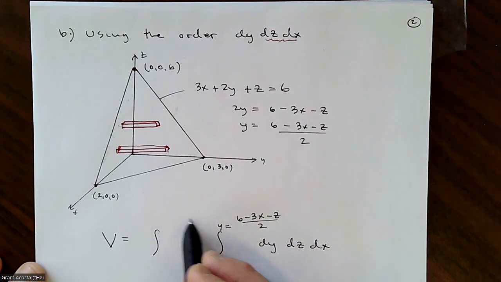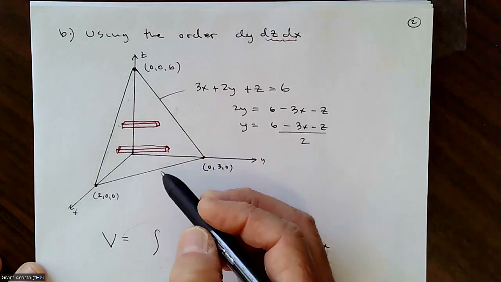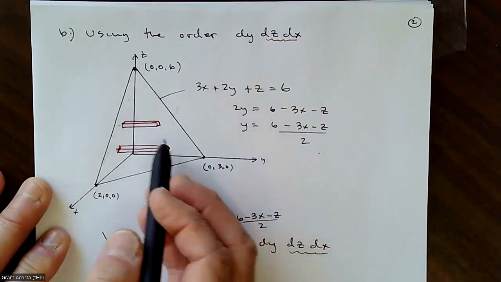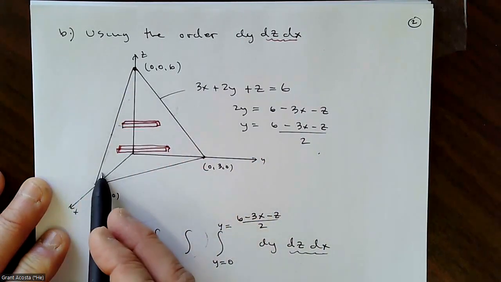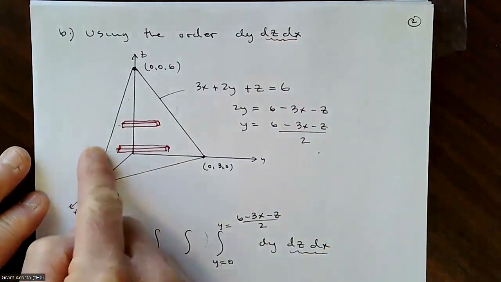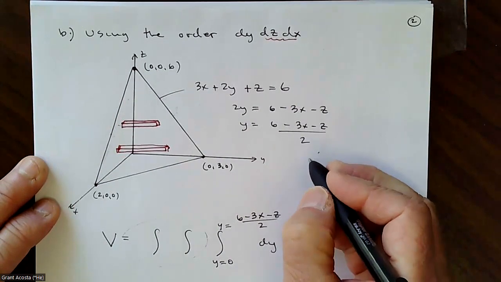And then we're going to describe where all those columns live in terms of z and x, and we have to do z first. So it might be helpful to sketch the projection of this solid onto the xz plane. Another analogy is if you squashed this solid into the xz plane, it would all lie inside that triangle there.